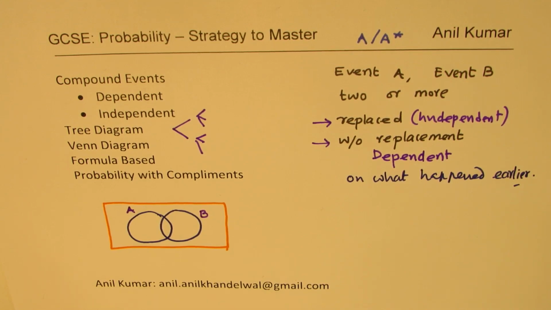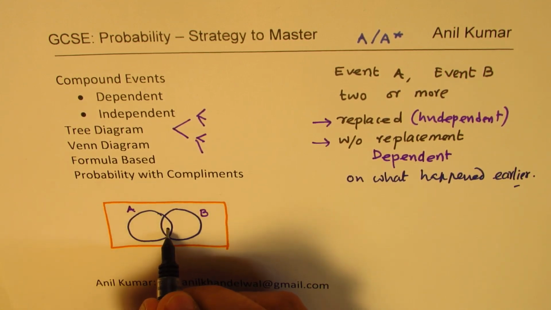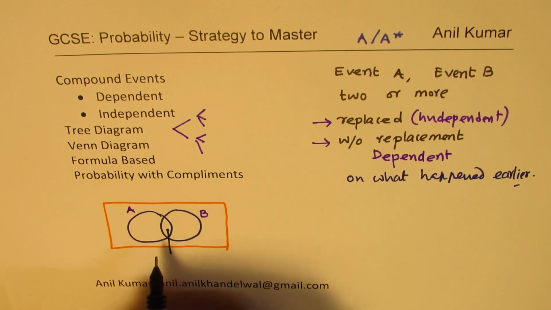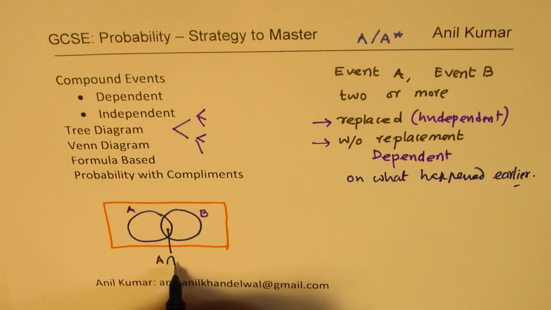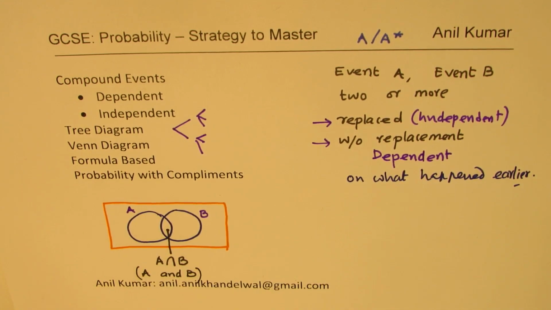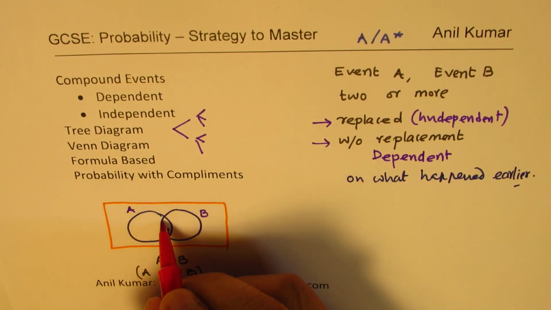The portion which is common to both will be referred to as A intersection B, which means A and B. Do you understand? That portion right in the center will represent what is common to both, A intersection B.